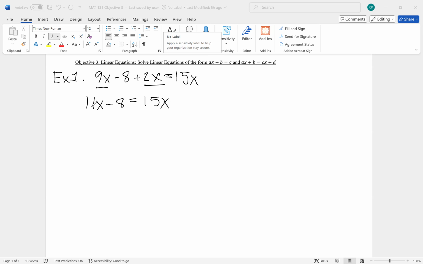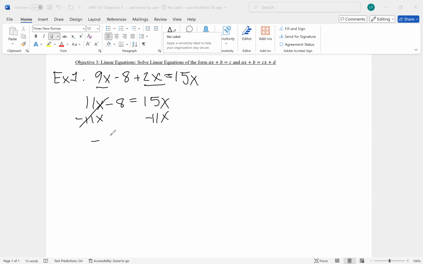So this 11x and the 15x, they are on different sides of the equal sign, but now we can combine them by what I like to say is moving something, okay? We can move something across the equal sign. So you may want to subtract 11x from both sides of the equation. 11x minus 11x is going to be 0.